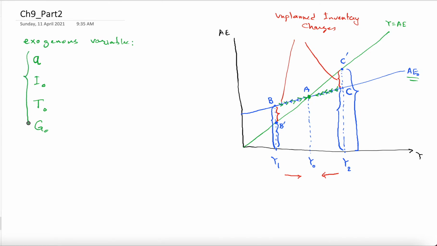If these ones change, then we are going to have a shift upward or downward. Let's say that these are dropping. Okay, these are not in the control of the government, and these are dropping. And then we are going to have a recession.